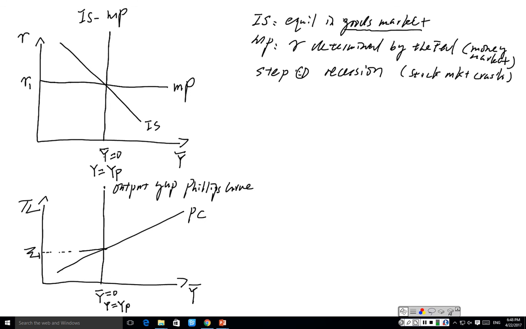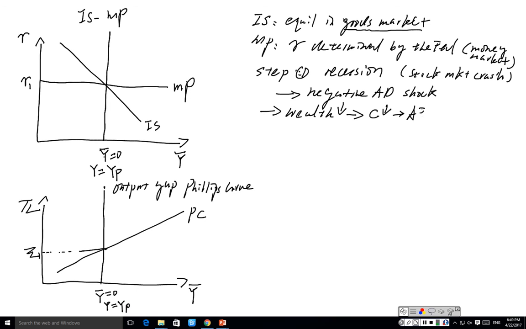We know if the stock market crashes, that's a typical negative aggregate demand shock. Why? Because when the stock market crashes, people's wealth decreased. As a result, people will cut their spending on goods and services. Consumption goes down.